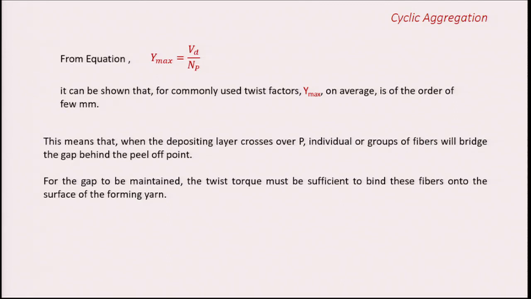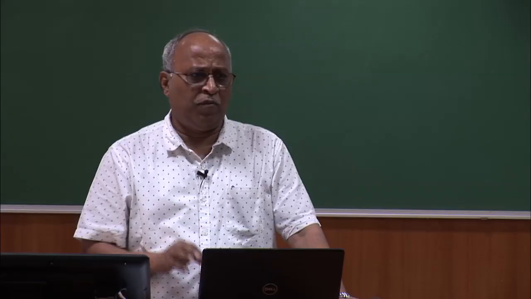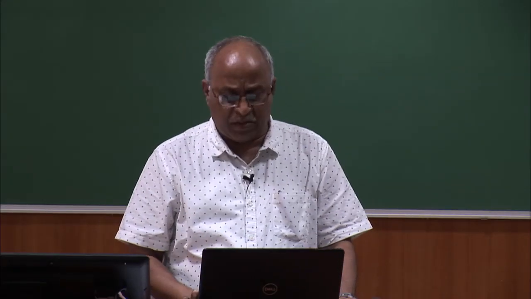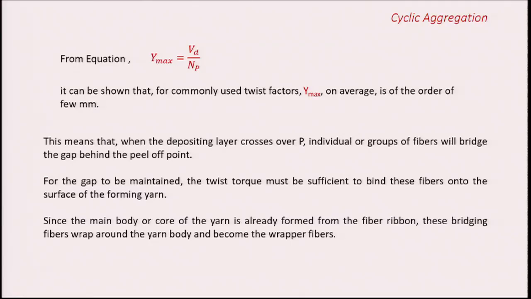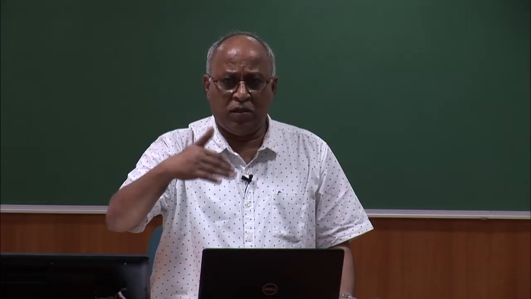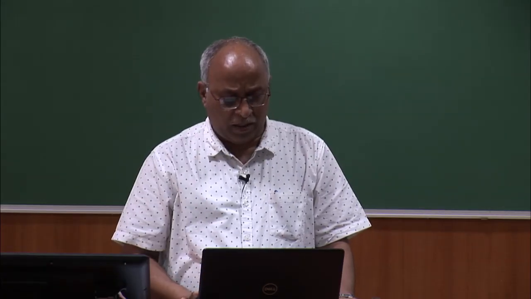Also, since fibers are very close, the fibers in the gap, which is only a few millimeters, will also be dragged onto the rotating arm of the yarn, right. So, these fibers bridge the gap; they will be in the gap as well as in the rotating arm. That is why they are called the bridging fibers.